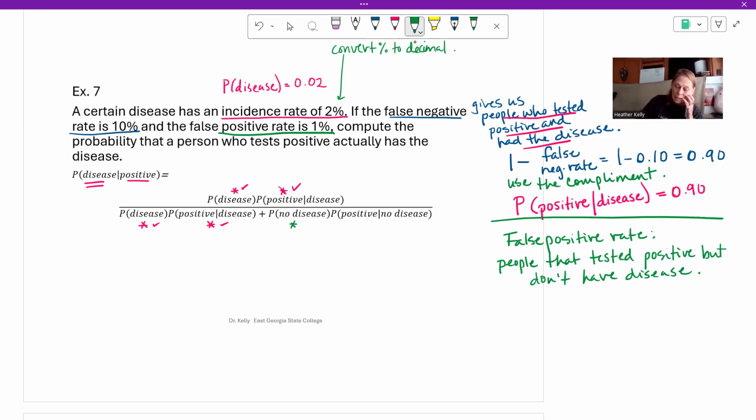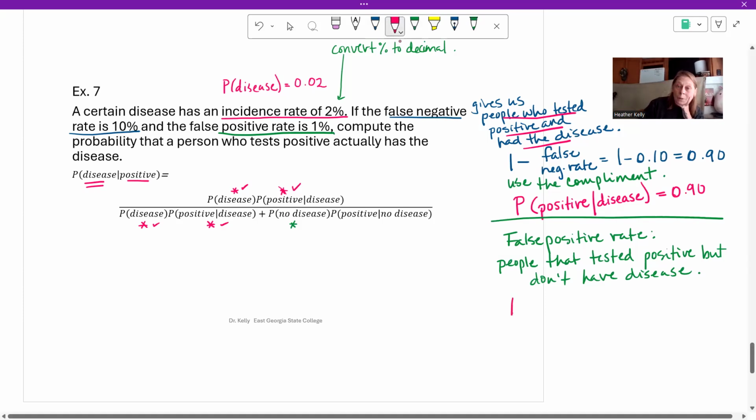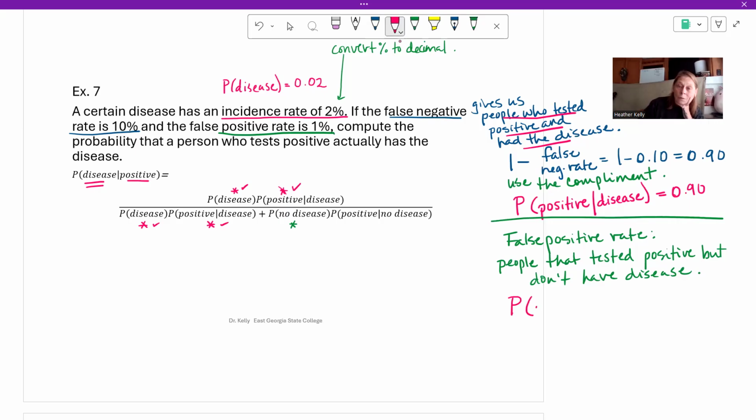Okay. And that is given generally straight up. It says false positive rate right there. And that is going to be P of positive given no disease. And that is equal to 1% or 0.01. Okay, so we got that guy.